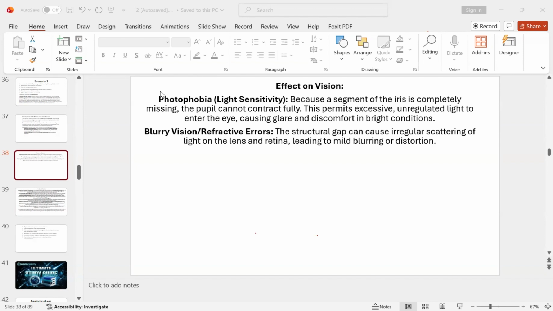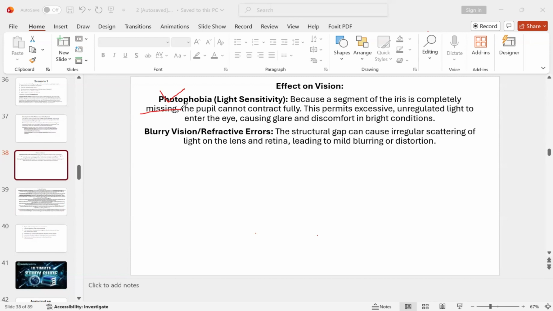Photophobia means that patients with iris coloboma are sensitive to light because a segment of the iris is completely missing and the pupil cannot contract fully. This permits excessive unregulated light to enter the eye, causing glare and discomfort in bright conditions.